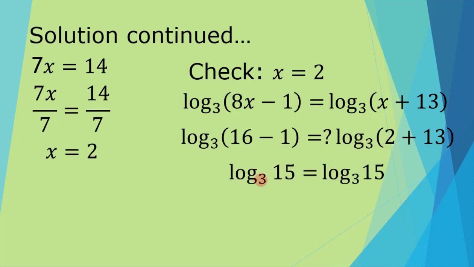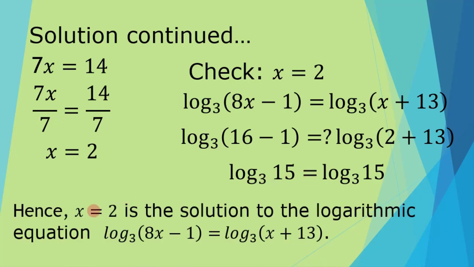Simplifying, log of 15 to the base 3 is equal to itself. So hence, x equals 2 is the solution to the logarithmic equation log of quantity 8x minus 1 to the base 3 equals log of quantity x plus 13 to the base 3.